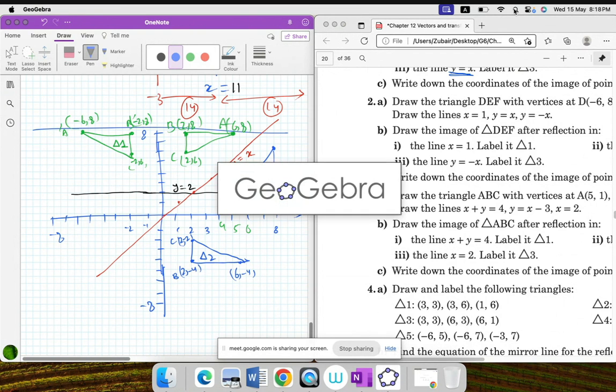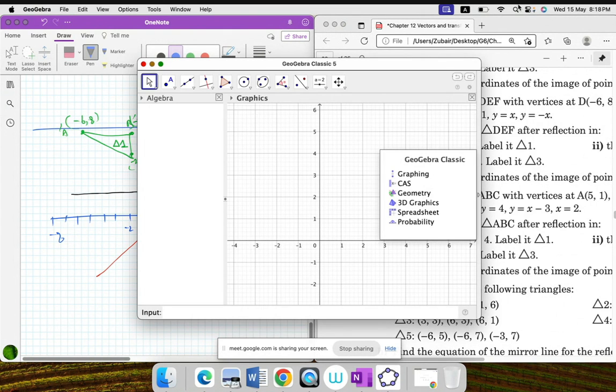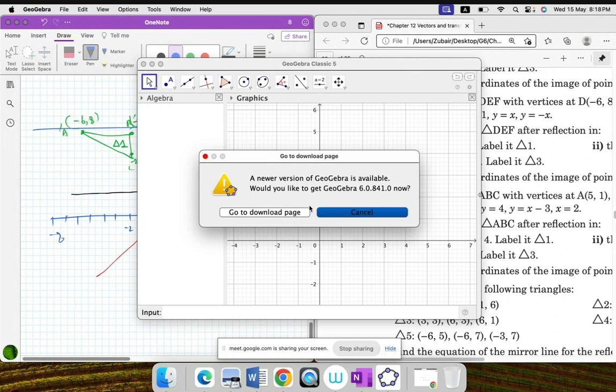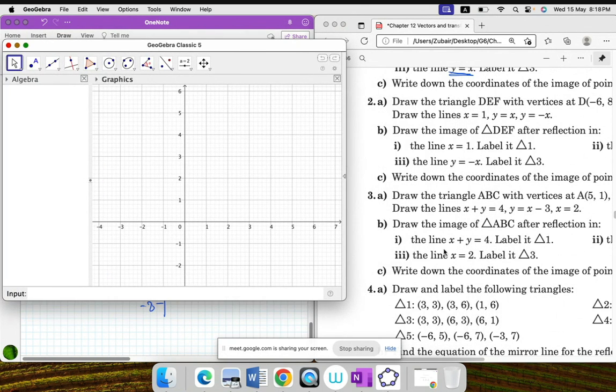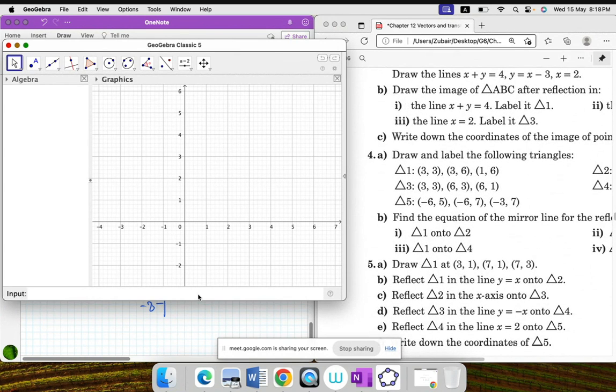Let me see if I can quickly draw it on this. 3 comma 3, then 3 comma 6, then 1 comma 6.